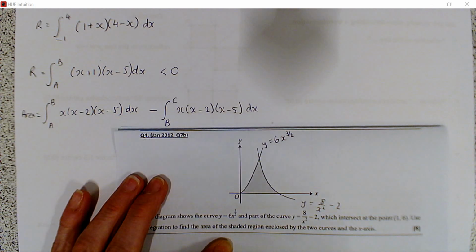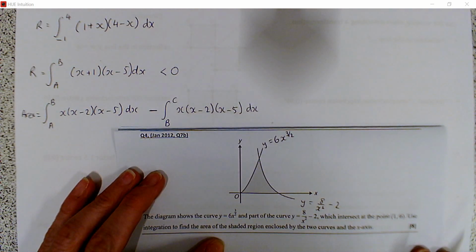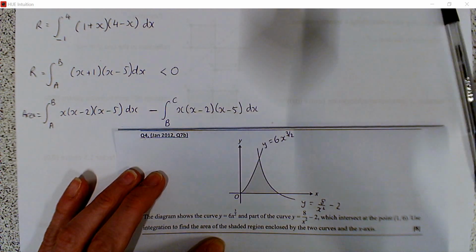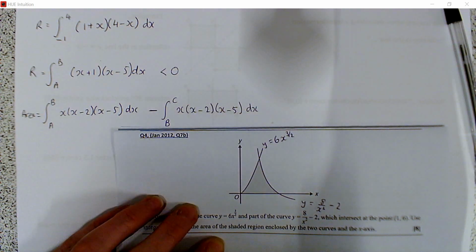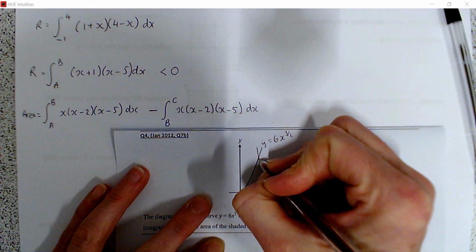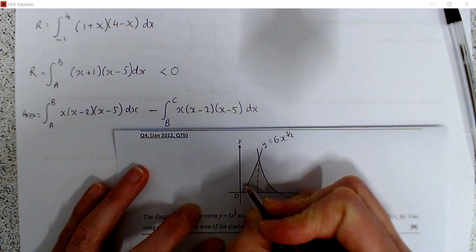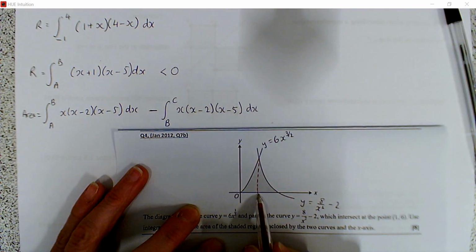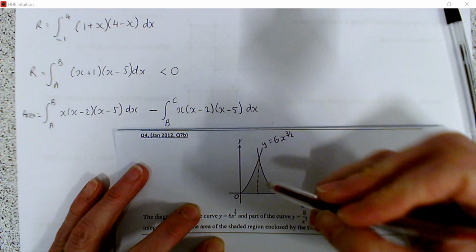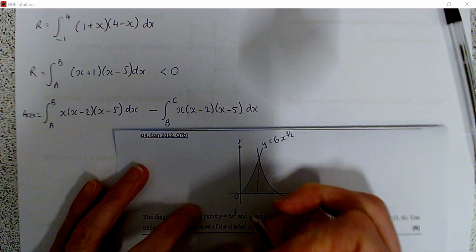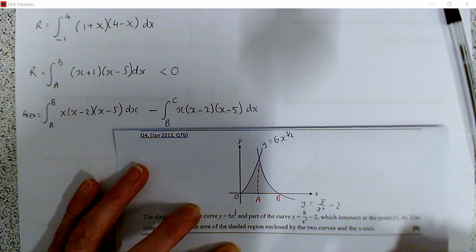If I want to find out the area between the curve, which curve? Hopefully you can see that we've got the first curve going from here to here, and the second curve going from here to there. So let me call this A and this B.